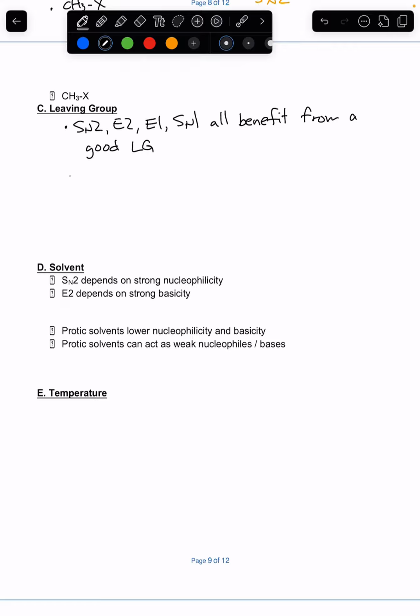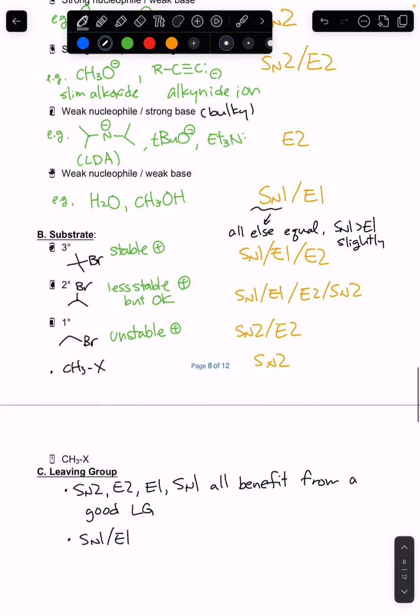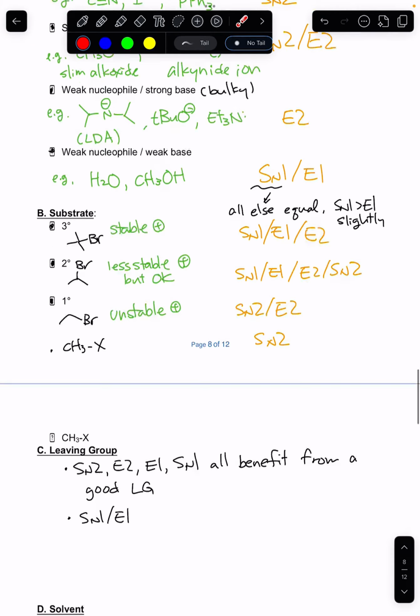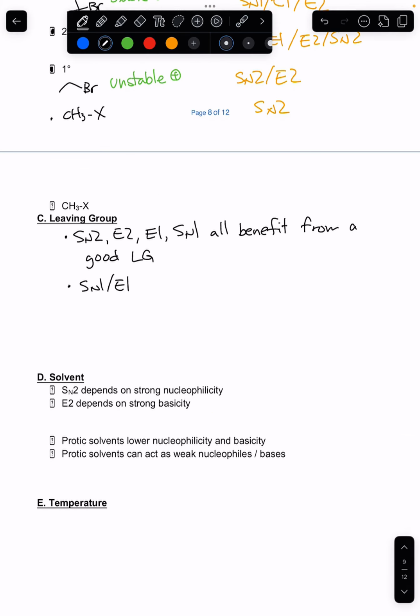One slightly differentiating factor that we could talk about is SN1 and E1. Remember, the rate determining step is when the leaving group leaves on its own, unimolecular, and that's all that it depends on, right?